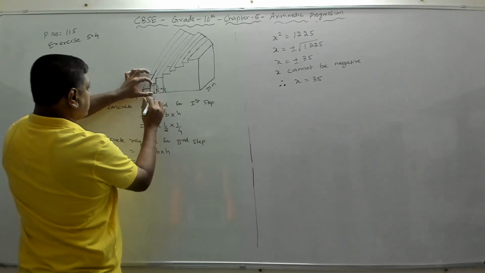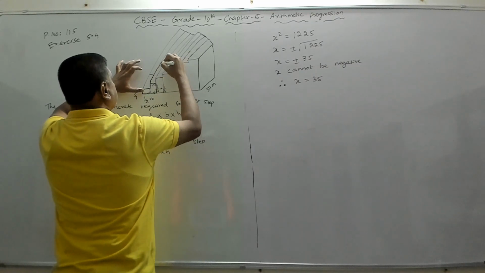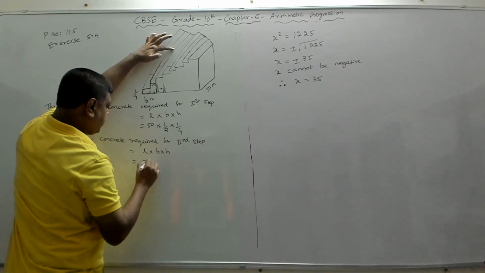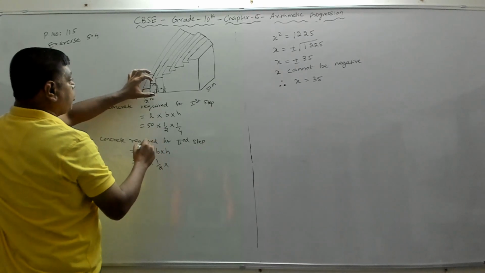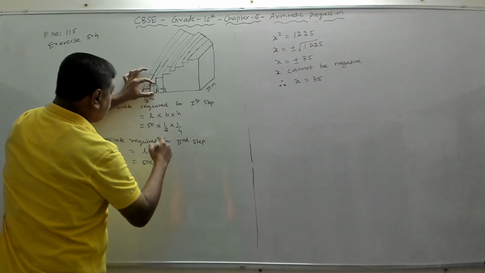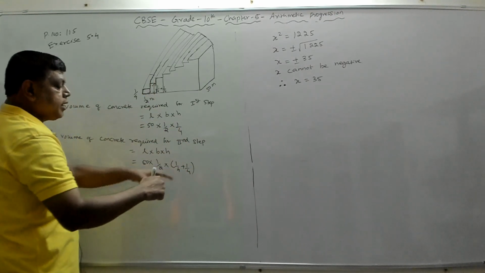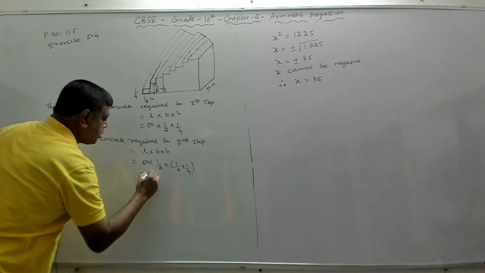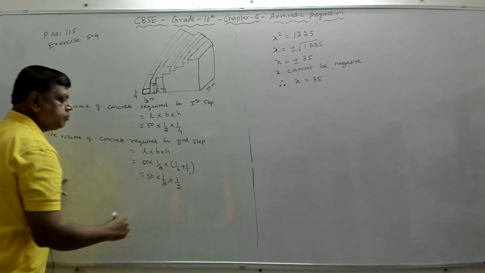The second cuboid, this full step, also has a length of 50, into breadth 1 by 2. This is the breadth. Into the height alone, which is 1 by 4 plus 1 by 4, because the height keeps increasing by 1 by 4 for each step. So that gives 50 into 1 by 2 into 1 by 4 plus 1 by 4, which is 1 by 2.